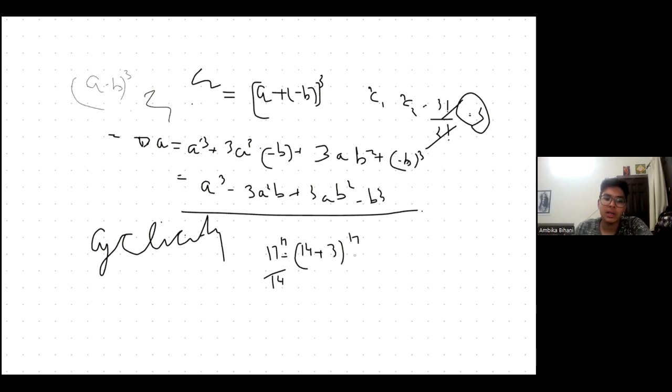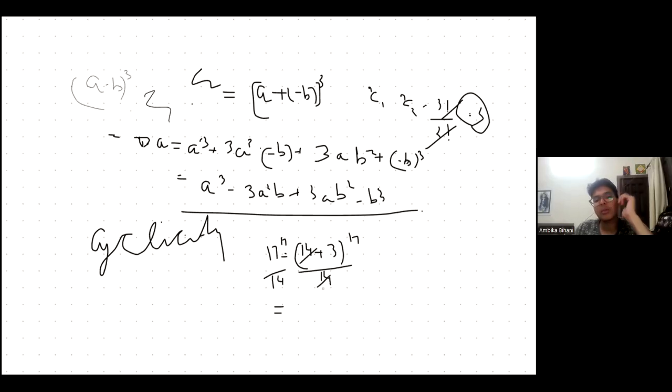We know that after doing the binomial expansion of this number, every term would have 14, except for the last term, which will be 3 to the power 17. That won't be divisible by 14, but the rest of the terms will be. So I just have to find the remainder when 3 to the power 17 is divided by 14.